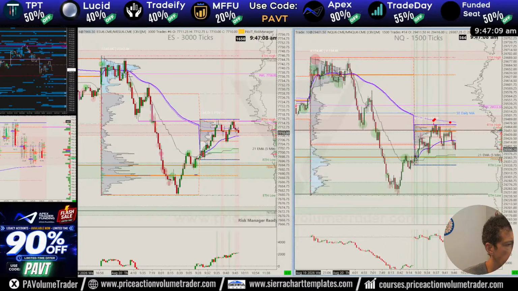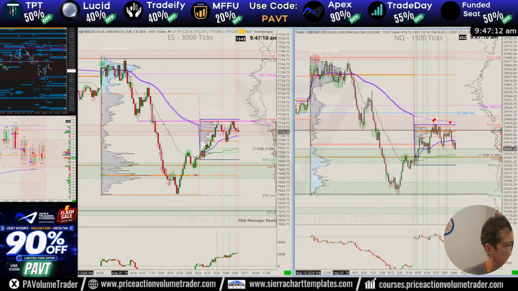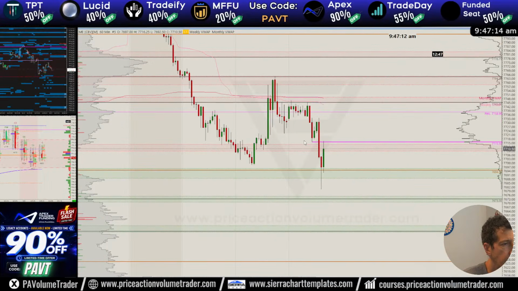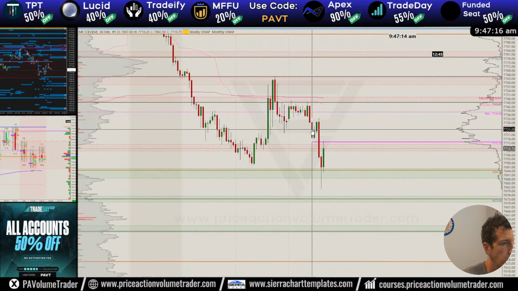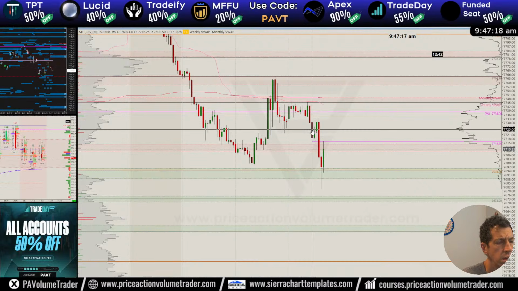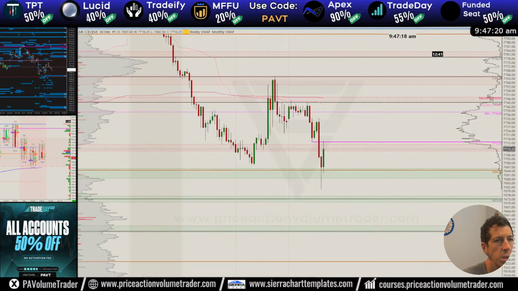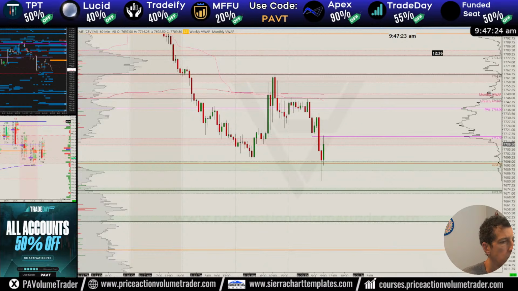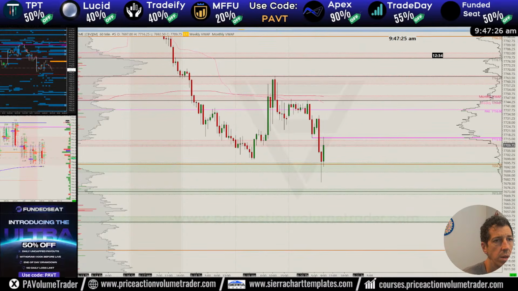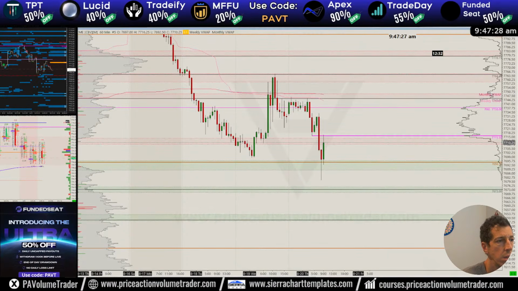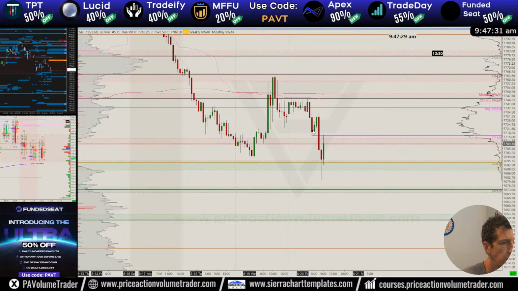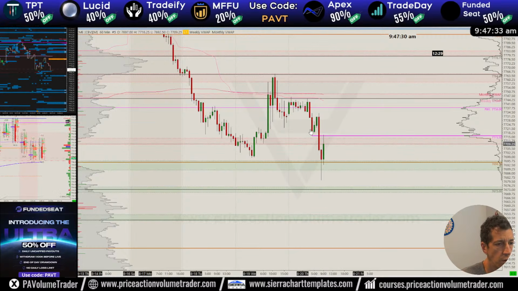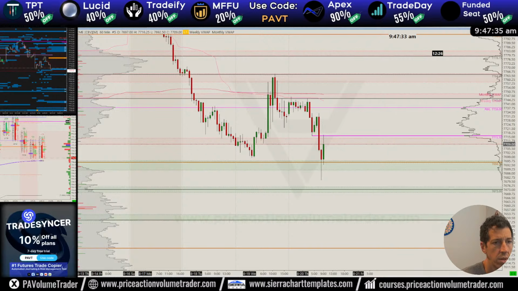Right over here, we had this low here we made on, let me adjust this chart so I can see the time. Right there, the low that we made on the 4 o'clock candle, and then we just came back and backtested that.